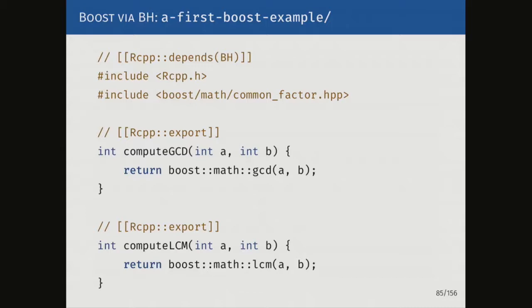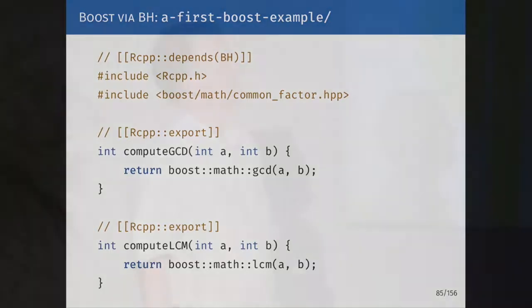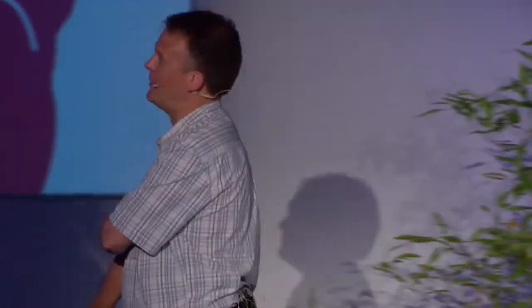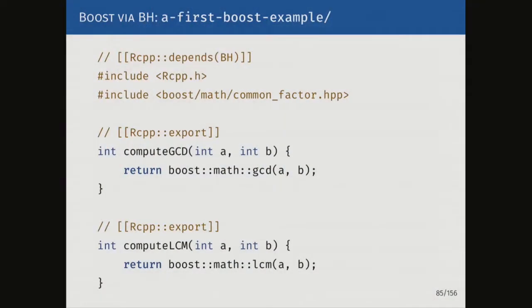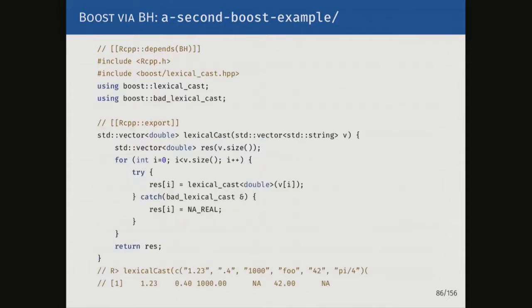And we compile this through, and then you call it with, I don't know, 15 and 45, so then it'll probably tell you that it's 15. And likewise for the LCM. Many of them there. Documentation takes a bit of getting used to, because it's advanced C++, so it's not the most user-friendly, I find, but you generally end up finding what you need.